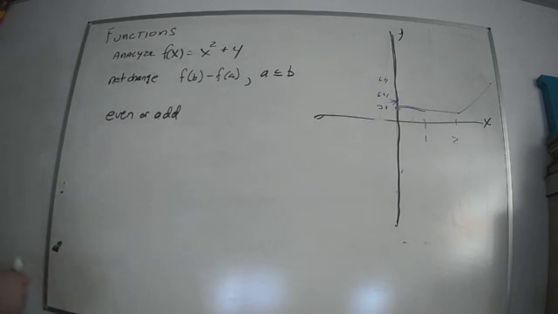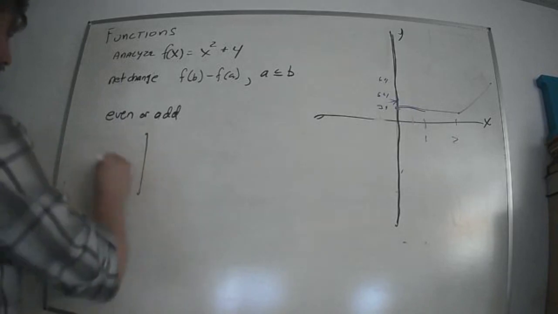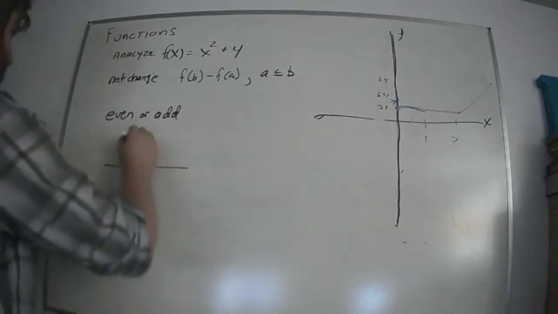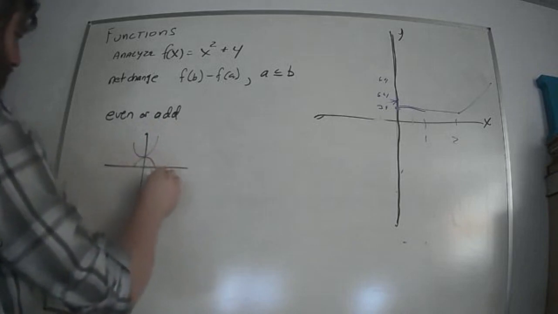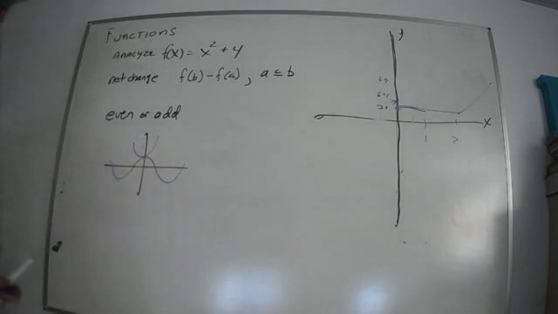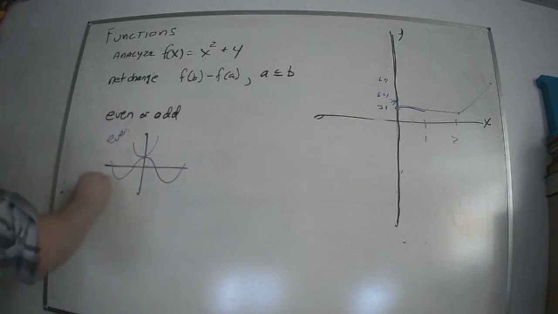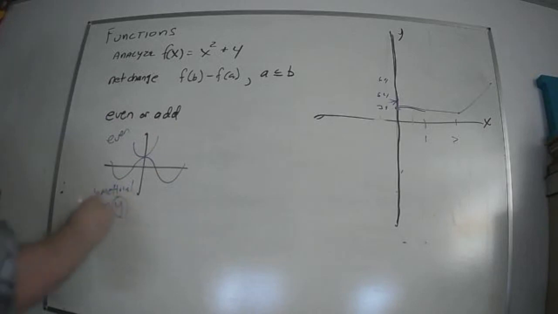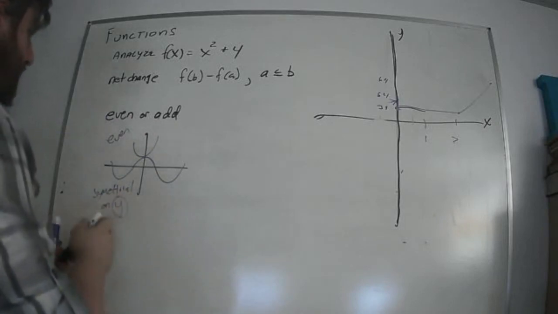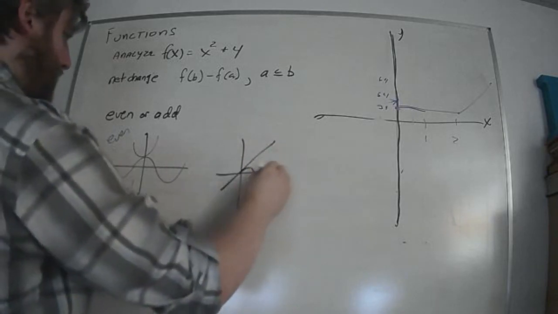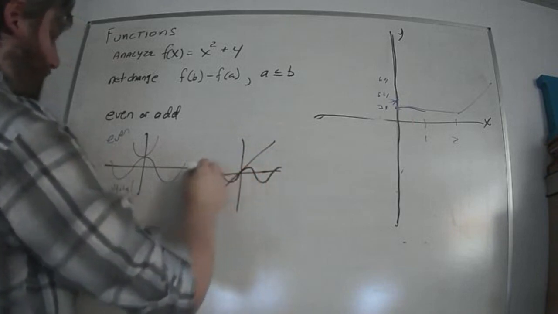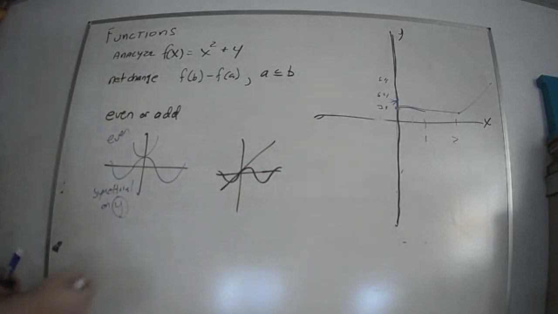What that means is, if I have a function that looks like this, and it's symmetrical about the y-axis, these functions are even. These functions are odd.